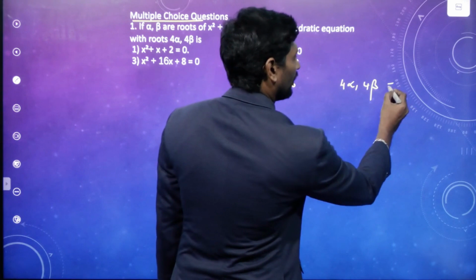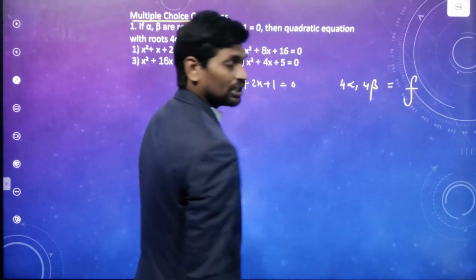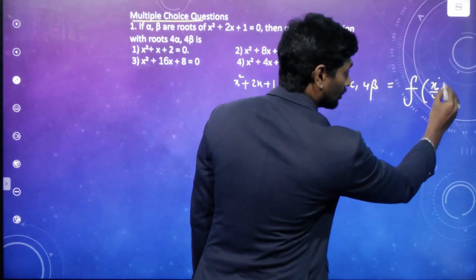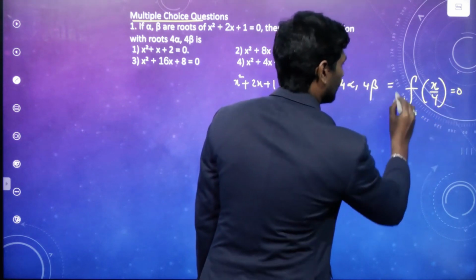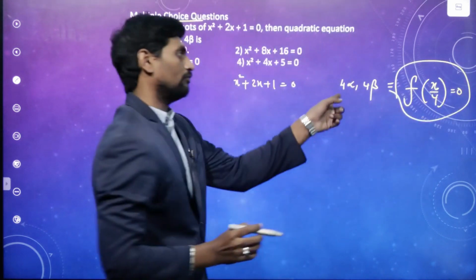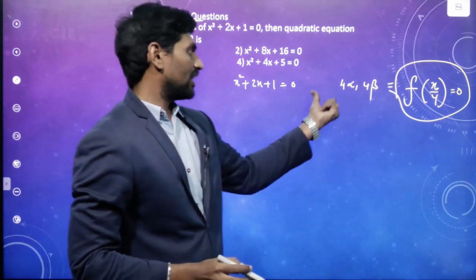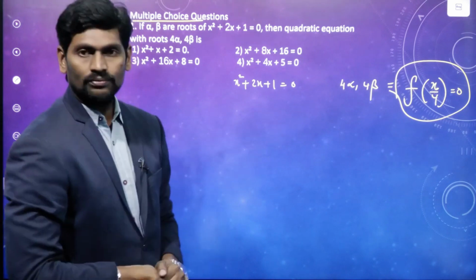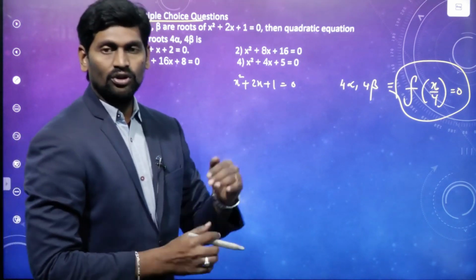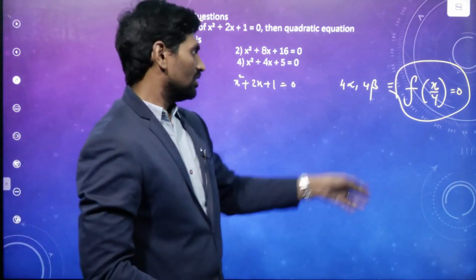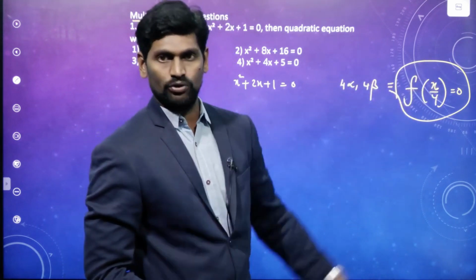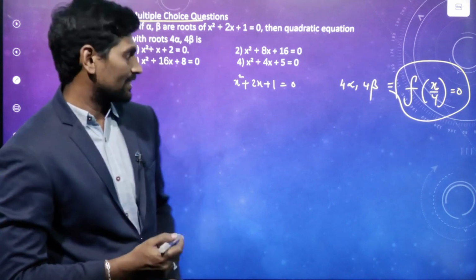Then the required quadratic equation will be f of x by 4. That means here 4 is multiplied. When you are taking the inverse operation, it will be 1 by 4. Okay, na? 4 reciprocal is 1 by 4. So our required quadratic equation is f of x by 4.